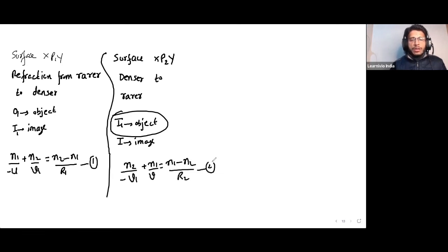That's the second equation. Next, what we can do is just add these two equations, 1 and 2.